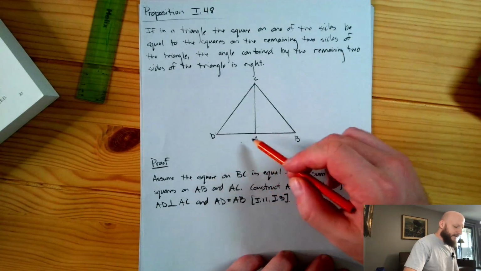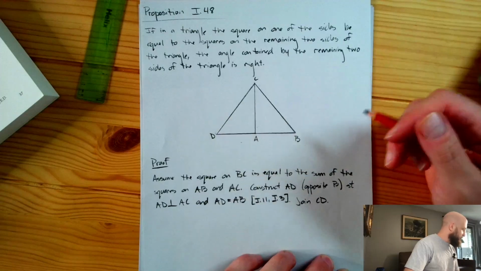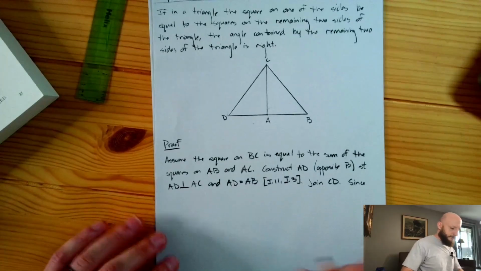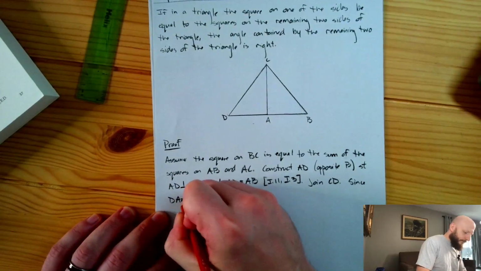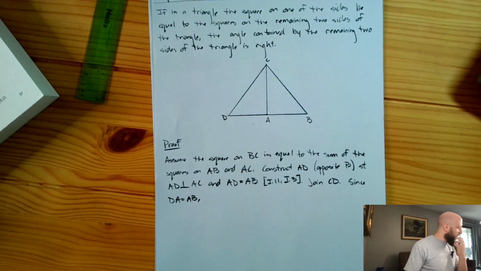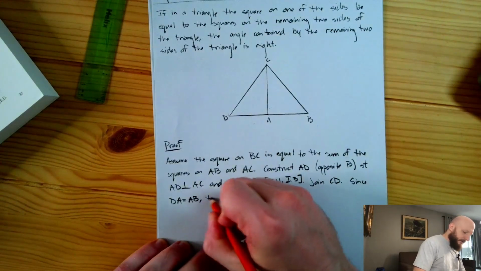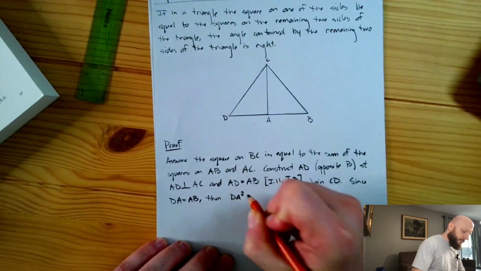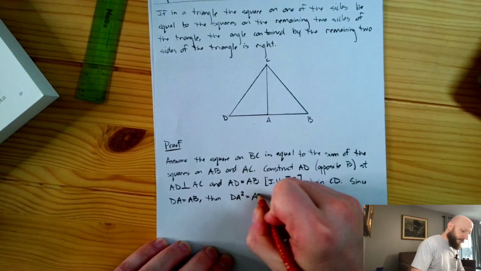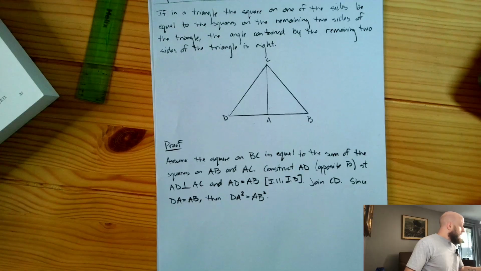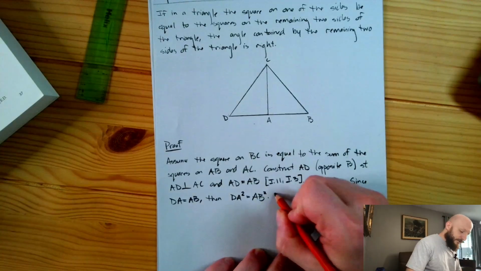Then what do we have? Since DA is equal to AB by construction, it follows that their squares are equal. DA squared equals AB squared. So then let the square on AC be added to each.